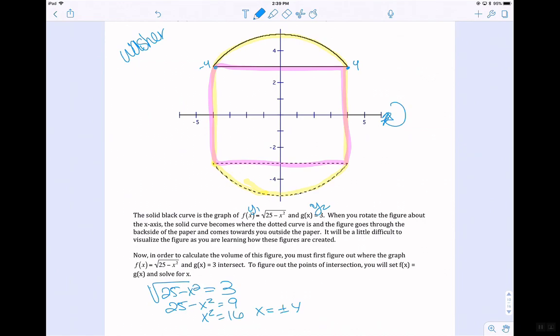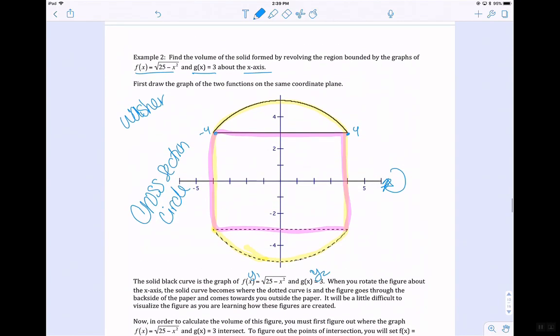And the reason why it's pi r squared is because as this is coming out of the screen and going back through the screen, the cross section is a circle. You will always get the cross section to be a circle if you are rotating it about a line. Okay, and then let me also be clear.